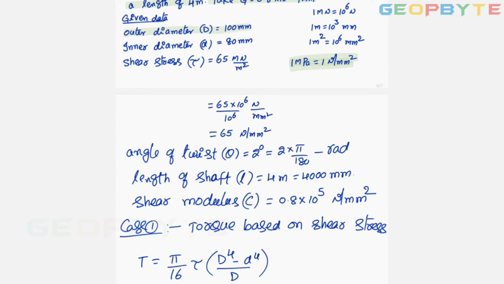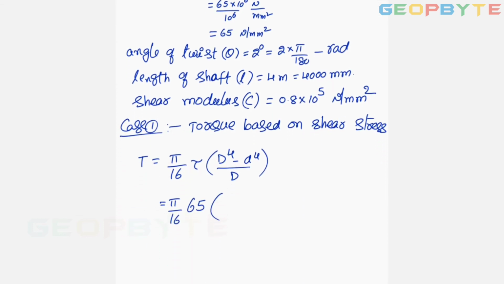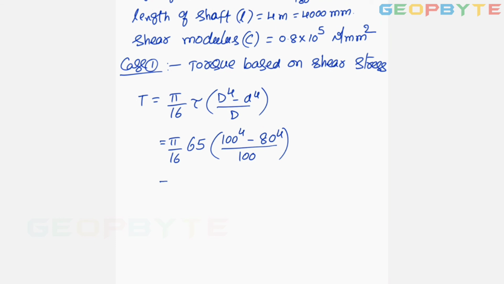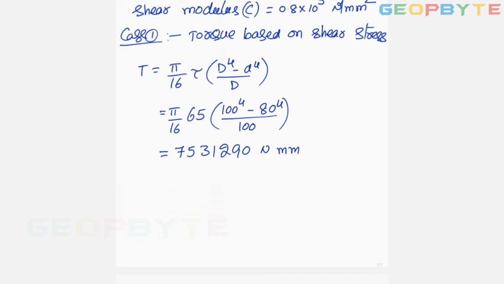Outer diameter 100 mm. 100 power 4 minus 80 power 4 divided by outer diameter 100. Simplify this value. For getting the torque, 7531290 Newton mm. Directly I am getting Newton mm.